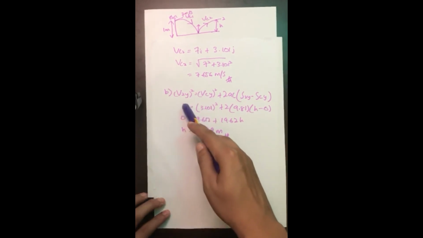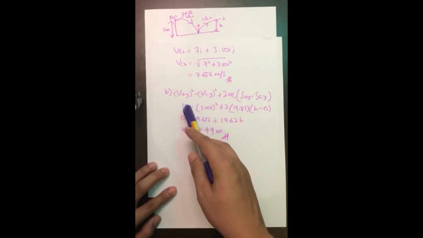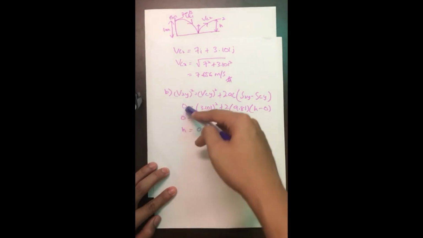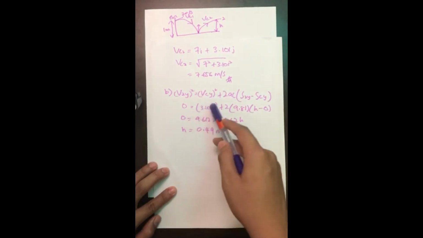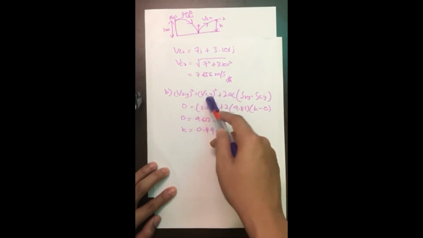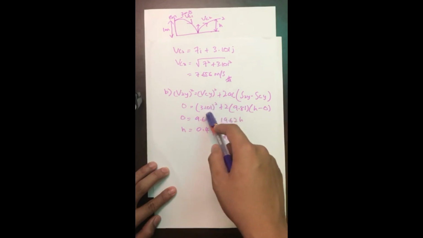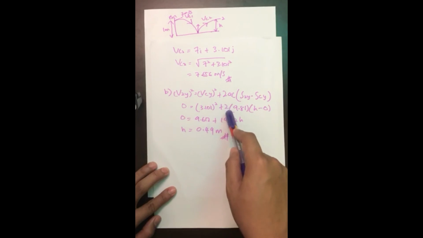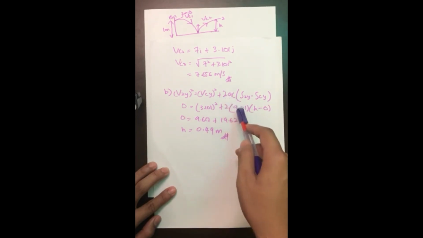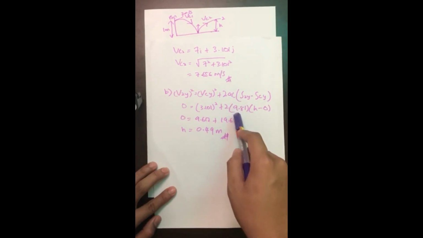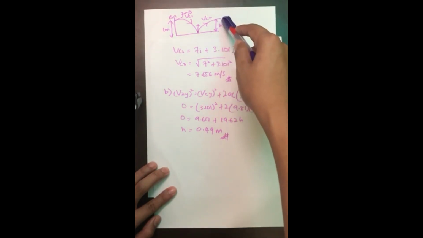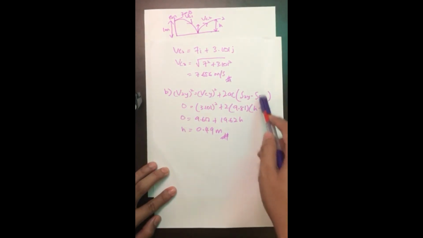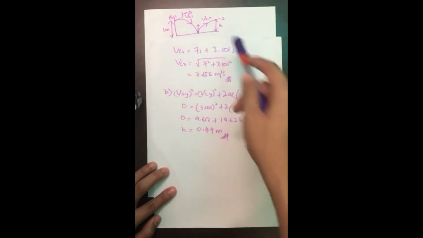V2Y squared equals 0, since the velocity at this point is 0, equals VCY squared, where we obtain the VCY value from the previous work, plus 2 times AC, the gravitational acceleration, which is 9.81, and S2Y, which is what we want to find, H minus 0 at this position.